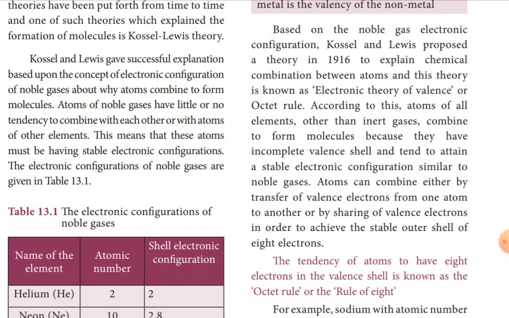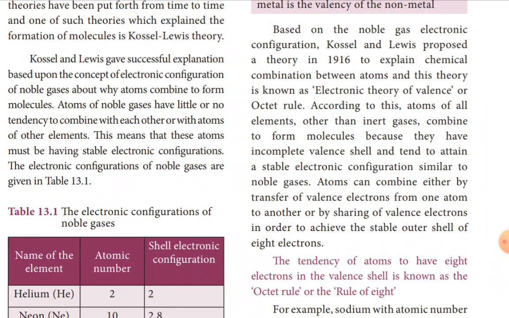Any of these two ways, the atom is going to try to achieve the stable outer shell of 8 electrons. So the outer shell of any atom should contain 8 electrons. Noble gases contain 8 electrons except helium. Even helium is fulfilled, as the first K shell is completely filled.